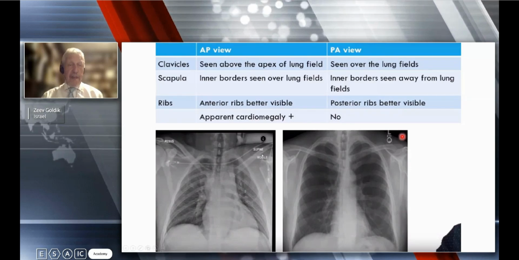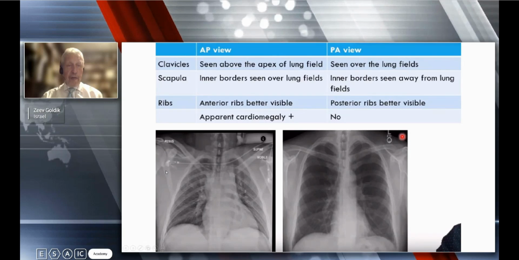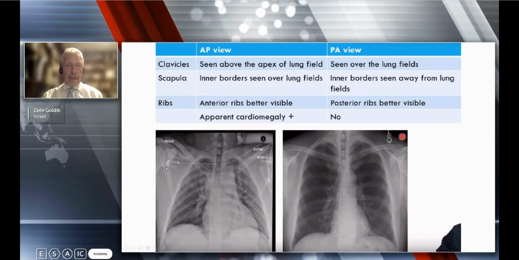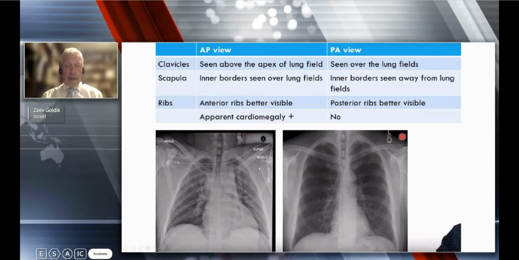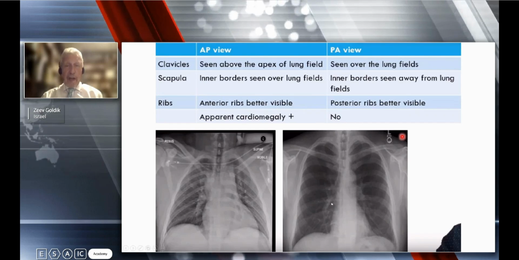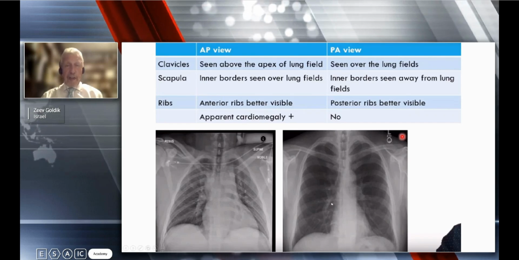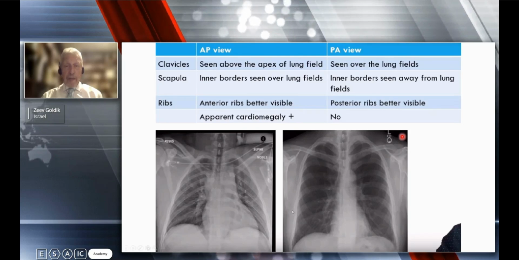The second difference is the scapula. In the anteroposterior view, you can see the inner borders over the lung fields. Compared with the posterior-anterior view, the inner borders are seen away from the lung fields.